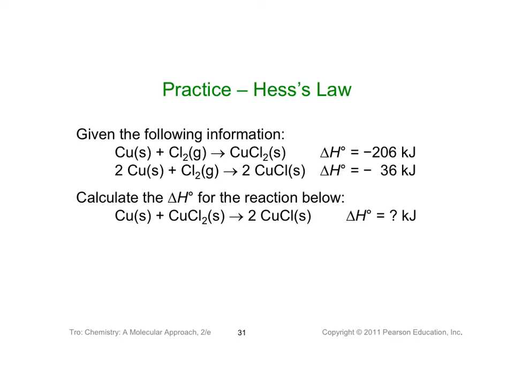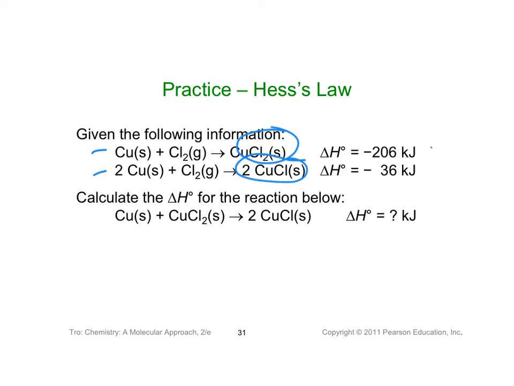What about this one? Well, you see, again, you see copper on the left, copper chloride on the right in this first one, and copper chloride on the right in the second one, right? So you're going to have to somehow get this copper chloride has to stay, this copper chloride has to move to the other side.